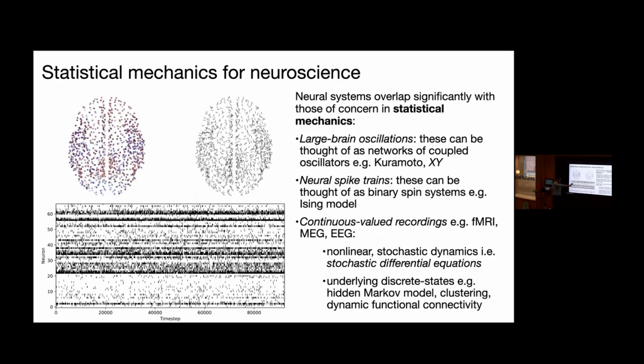At a different scale, if you're looking at neural spike trains, you can turn these into binary data, which looks a lot like Ising models or spin models. And when you have noisy continuous-valued recordings, like electrophysiology or neuroimaging, then you're in the domain of nonlinear stochastic dynamics. There are lots of techniques that we can use to analyze this kind of data from this perspective.